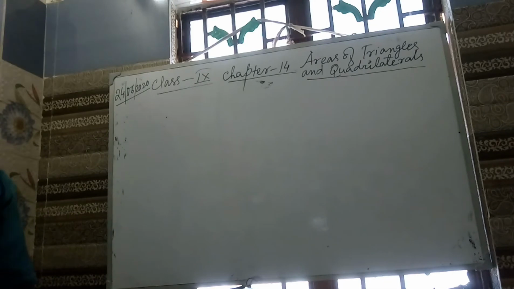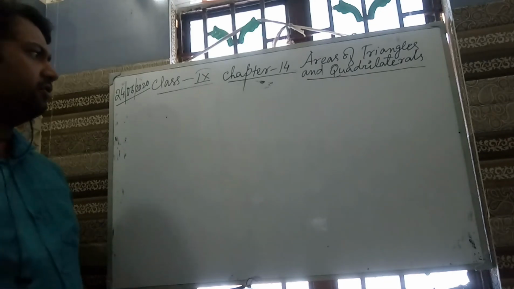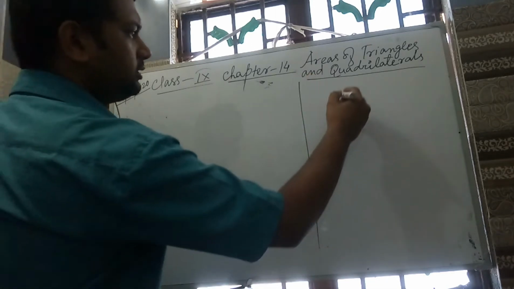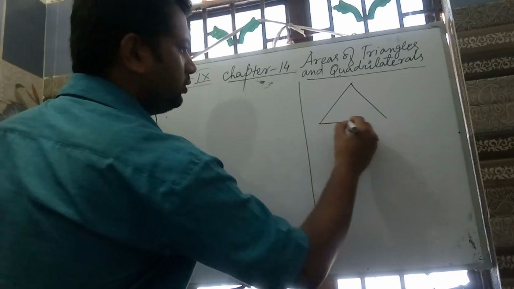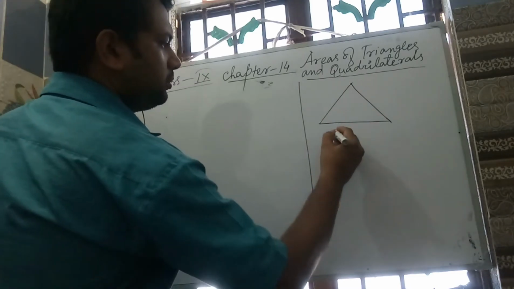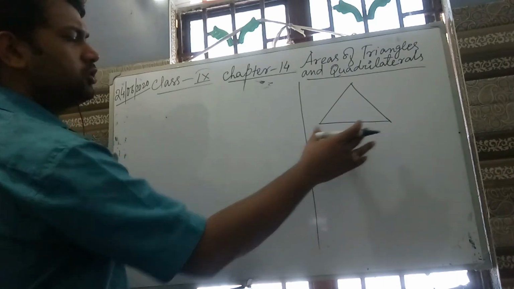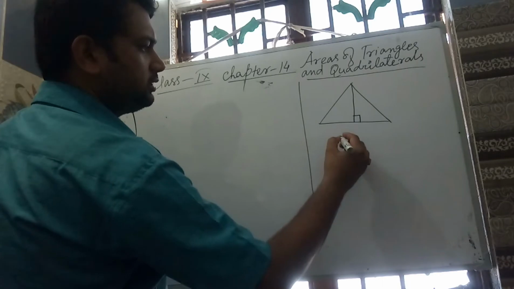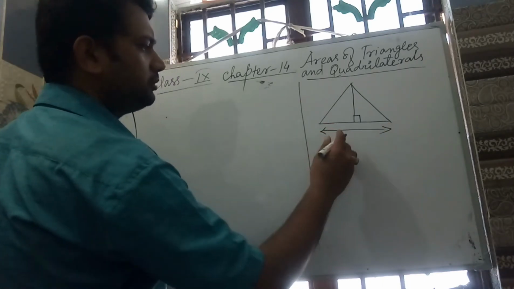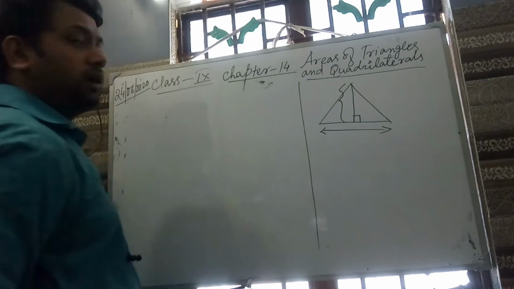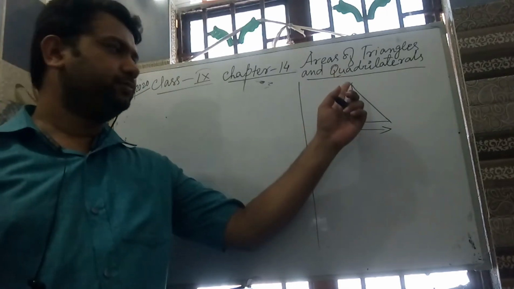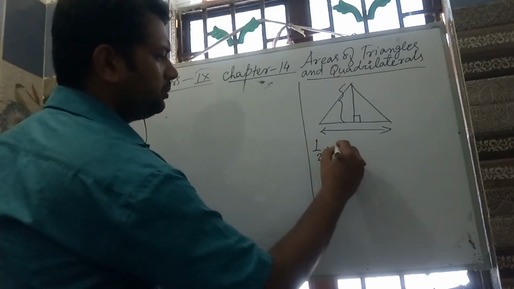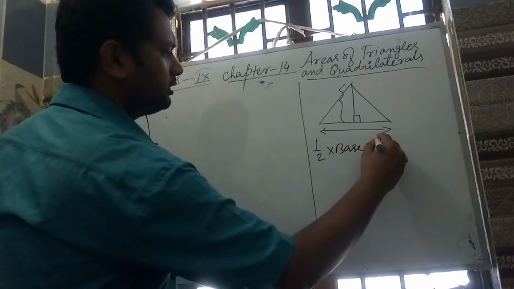The basic formula to find out area of a triangle, that you already have done in junior classes, is that if you know the base, any side which we take as base, and the corresponding height, then the formula will be half into base into height.